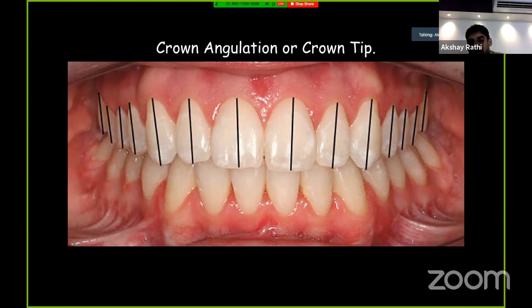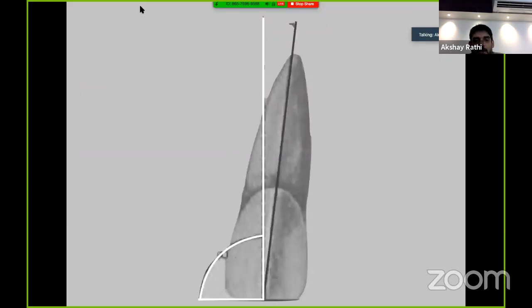So teeth have a mesial crown tip or a distal root tip. If I were to use the technical language, when you draw the long axis of the clinical crown, the incisal part of the long axis lies mesial to the cervical part of the long axis of the teeth. In a simplified manner, my teeth must not lie parallel to the midline, but they must have a mesial tip.